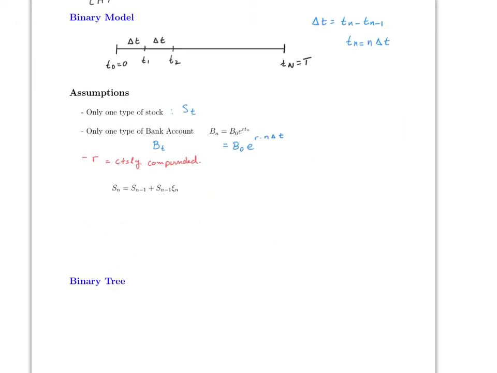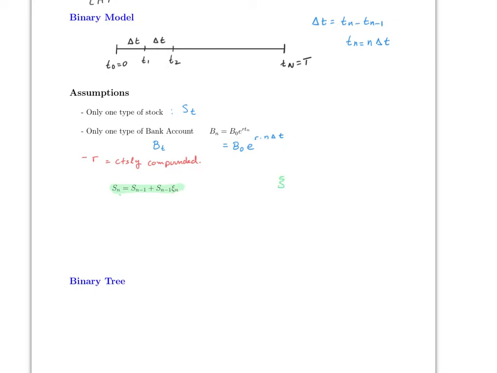Now this will be the main equation we'll be using. The value of the stock at step n will be equal to whatever was the value in the previous step, plus whatever was the value in the previous step times some ξ, which is going to be a random variable.